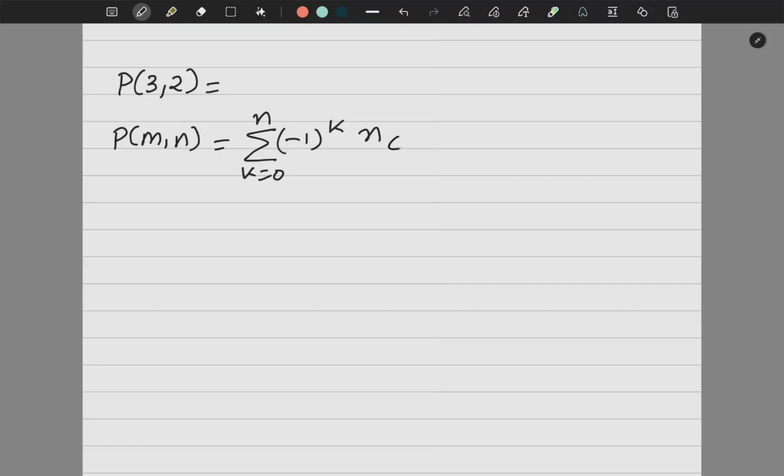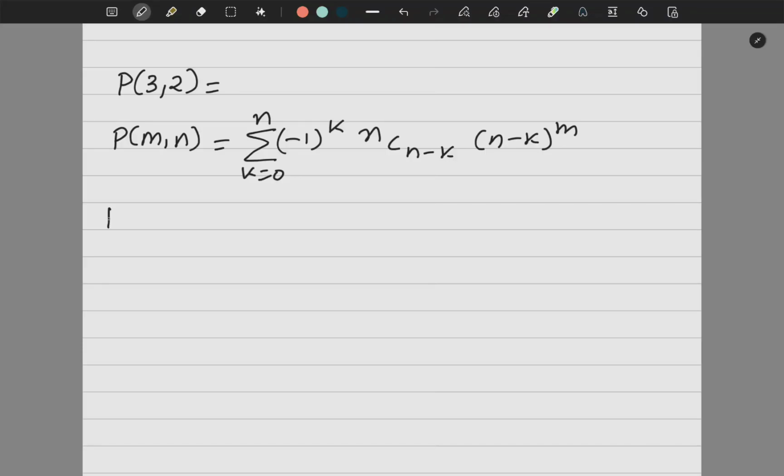Now let me try to find out the value of P(3, 2). What is the formula? My formula is P(m, n) equal to summation k equals 0 to n minus 1, (-1)^k nC(n-k) times (n-k)^m.